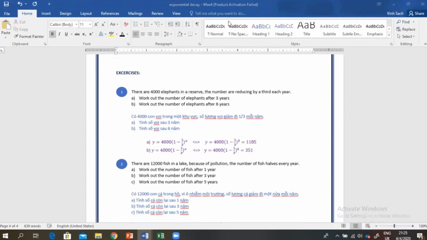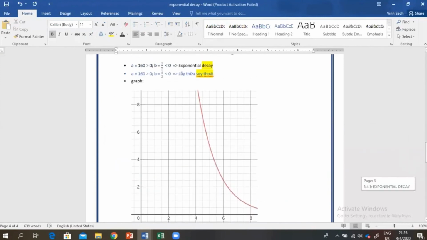And finally, there's a graph showing the equation, and that's all. Down here, we also have some examples and exercises for people to revise if you want.